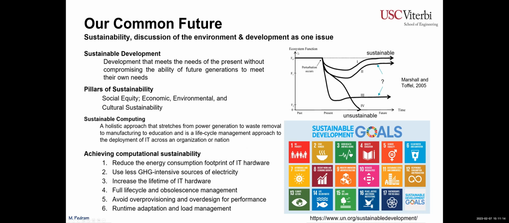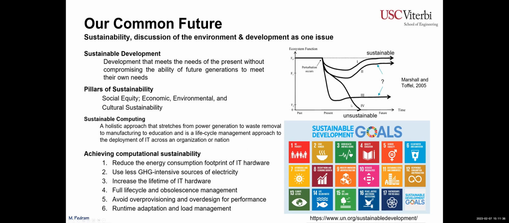The ecosystem is functioning at some steady state level. Something happens, a shock to the system, such as COVID-19, a shock that we all experienced in early 2020 and even now to some extent.